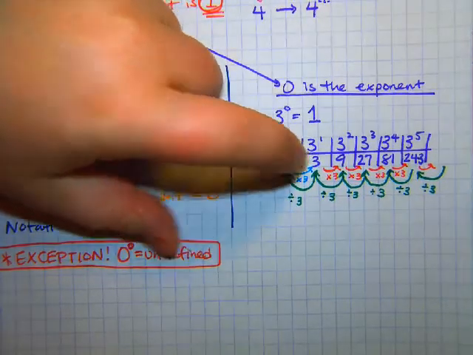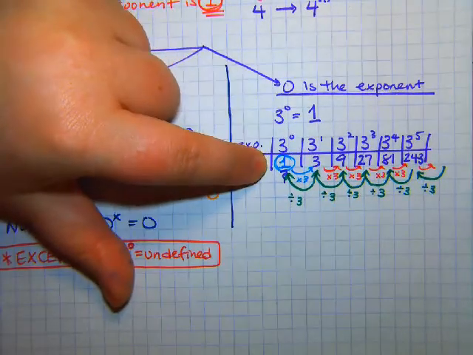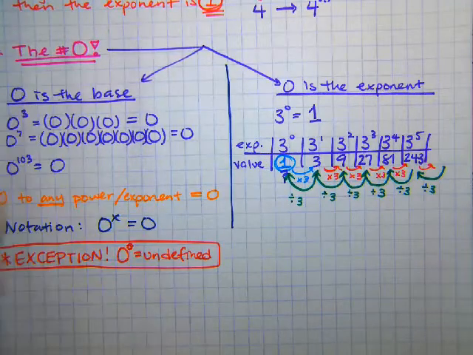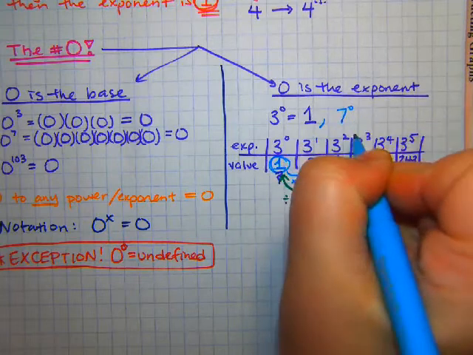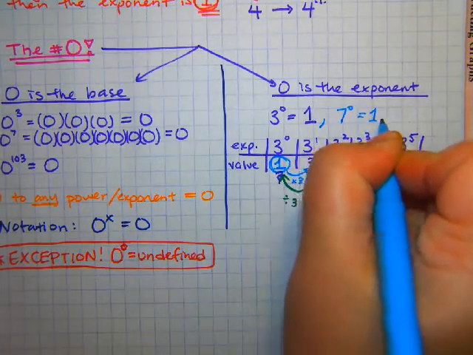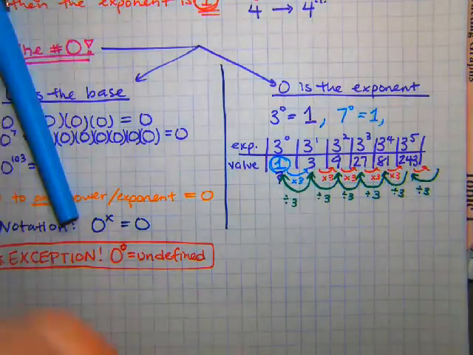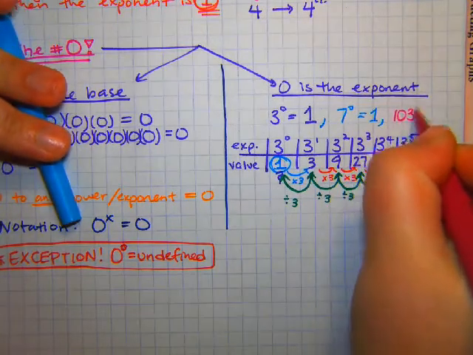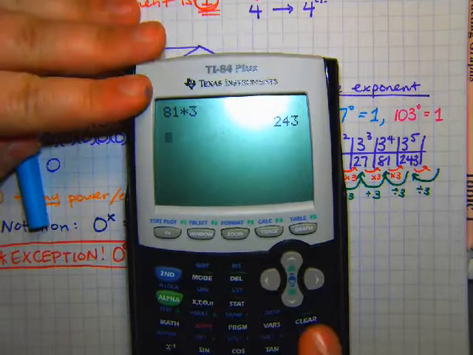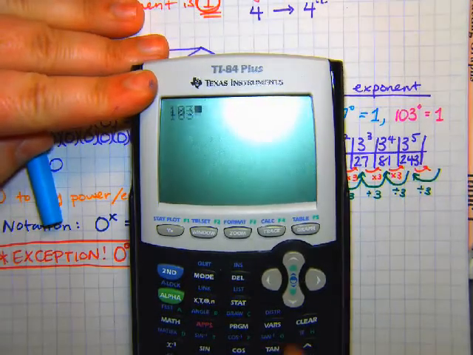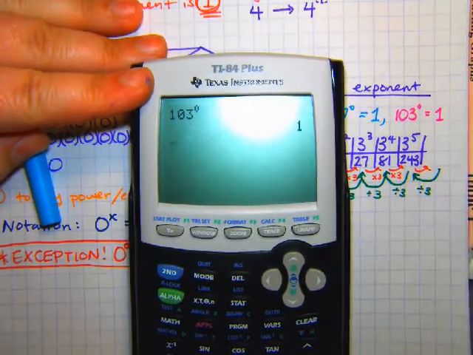It wouldn't work. It has to be 1. And this works always. If you do 7 to the 0 power, that's also 1. If I do 103 to the 0 power, that's also 1. You don't believe me? Check on the calculator. 103 raised to the 0 power is 1.